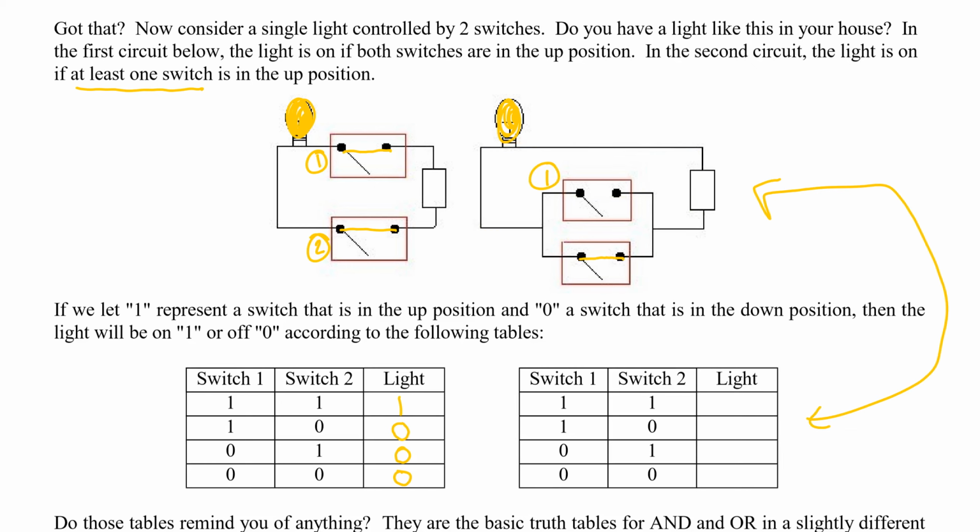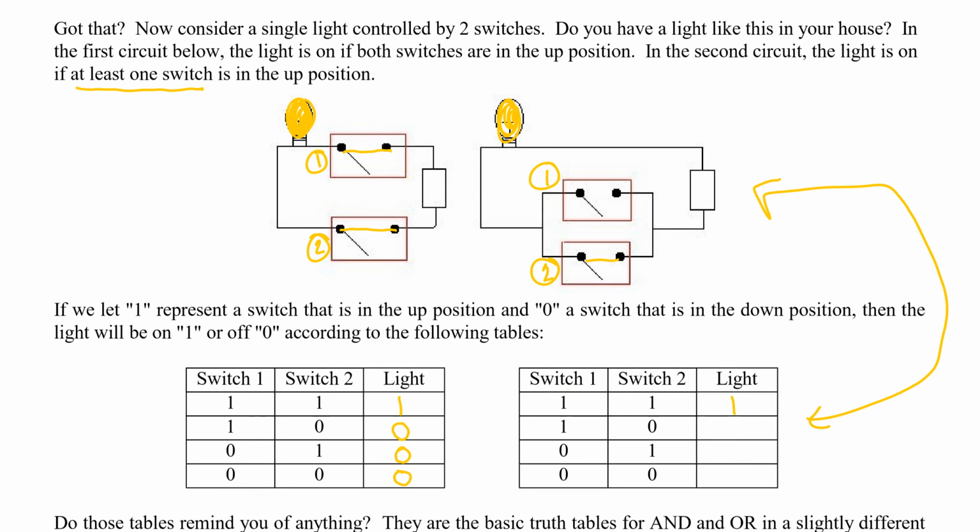Let's call this one switch 1 and this one switch 2. We'll begin by assuming that switch 1 and switch 2 are both in the up position. This creates a closed loop, even though you've got a couple of options here. There is a closed loop that the electricity can flow around, so the light would be on.